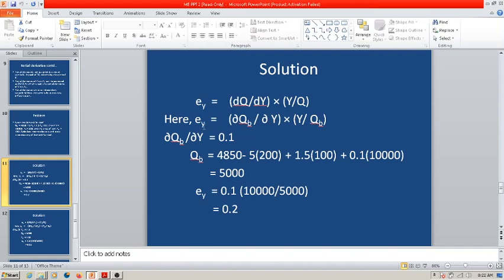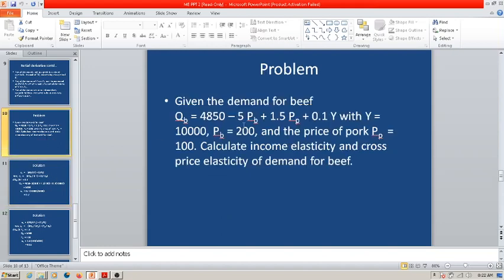So here we have to make use of partial derivatives, and EY is given as ∂QB/∂Y into Y/QB. Instead of dQ and dY, we are using partial derivatives ∂Q and ∂Y. Now what about this partial derivative? You have to find ∂QB/∂Y, so we are taking into account the influence of income upon the quantity demanded of beef.